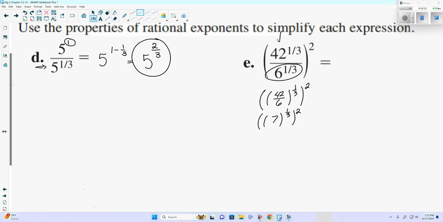And because 42 over 6 does divide evenly, and they both have the same exponent, we can take that exponent out, which would give us 42 over 6, all to the 1/3, all squared. 7 to the 1/3 squared. Powers of powers multiply.